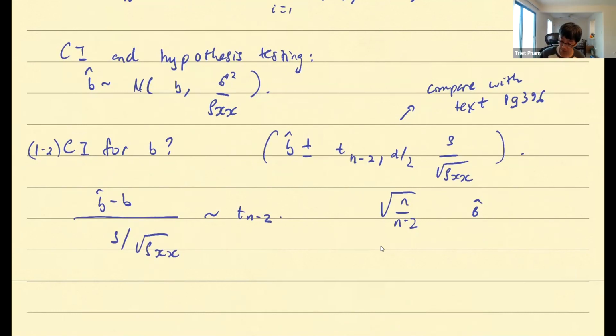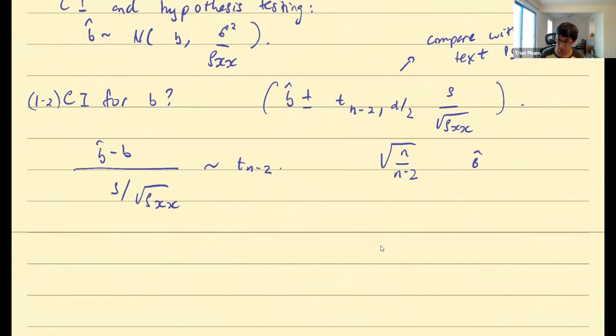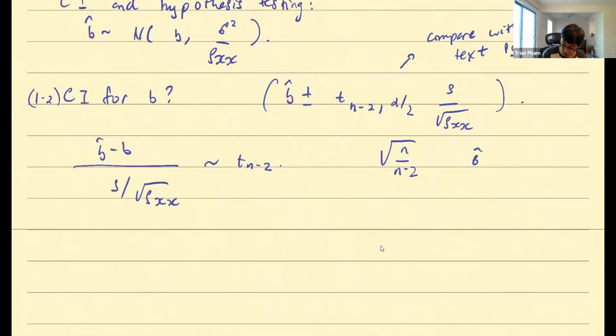Question? In terms of hypothesis testing, what do we test?